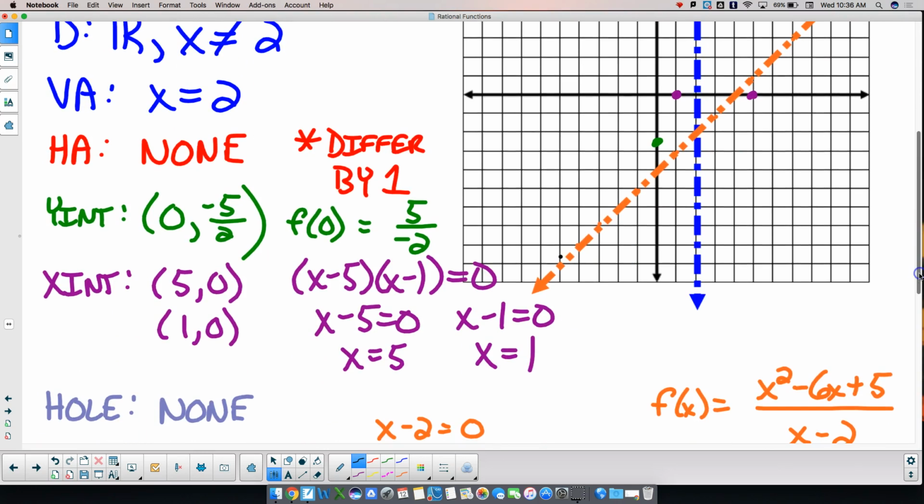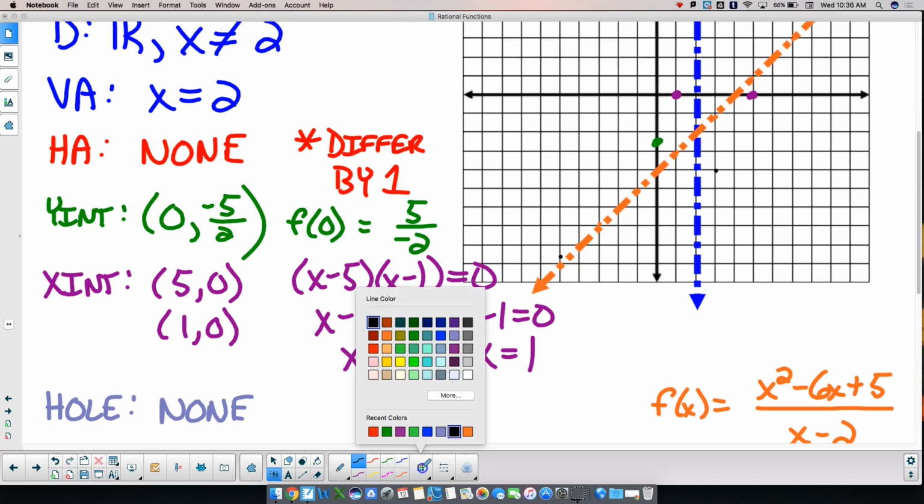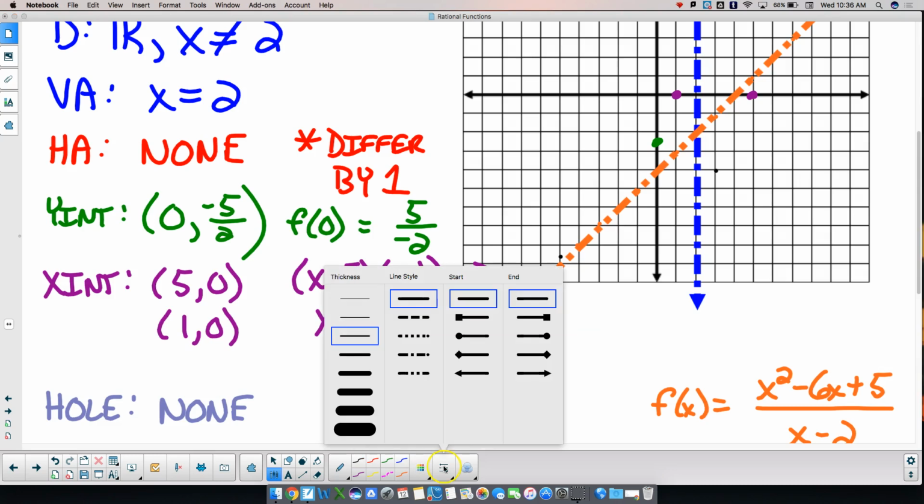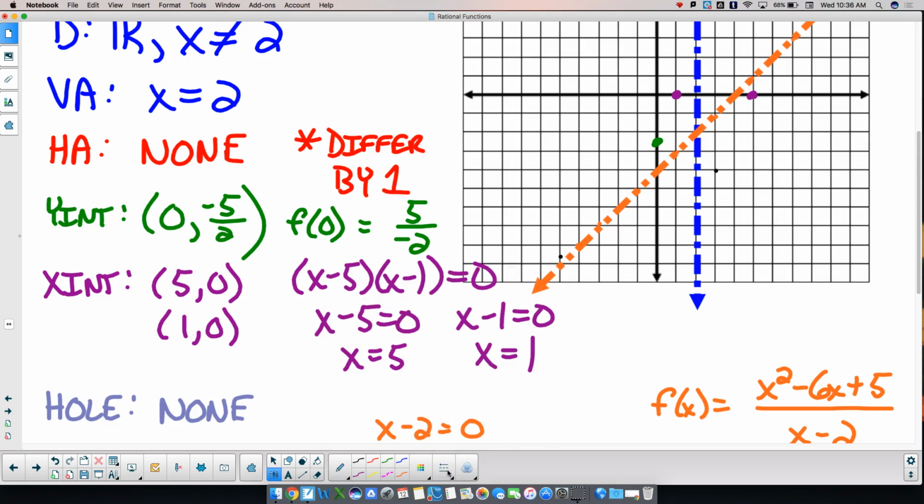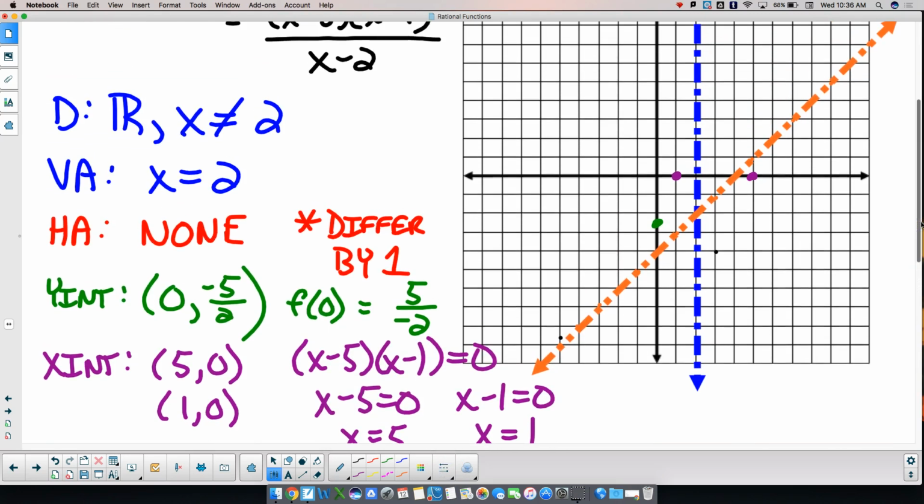So that's going to be negative 4. So that's going to be right there. That just gives me a little hint as to where my function is actually going to go, so that I am being as accurate as we can be.